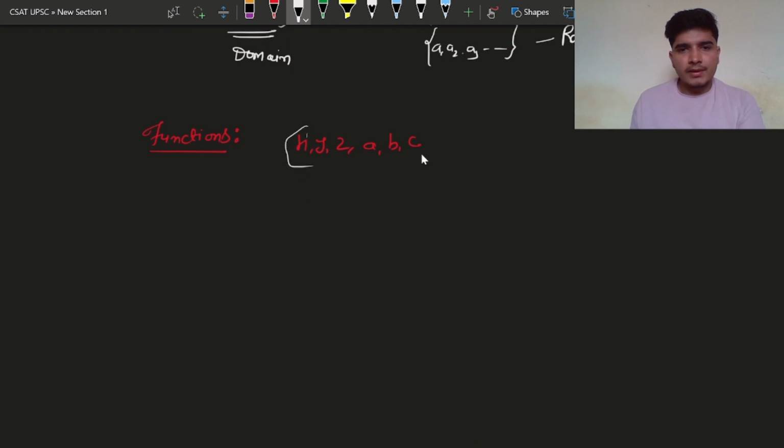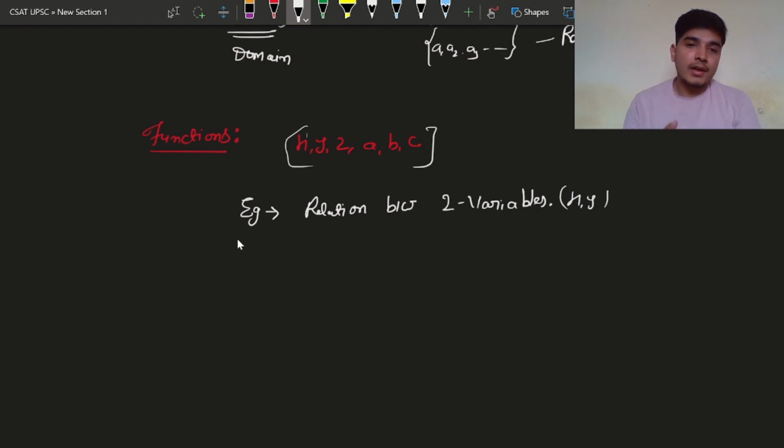These are the variables which help us define a function. Now let's take an example of a relation between two variables x, y, by which we are able to define a function.